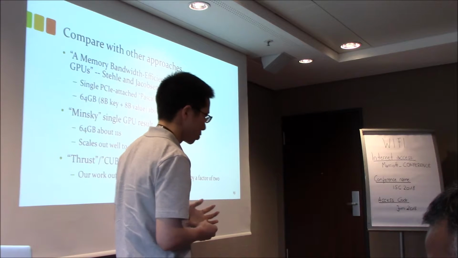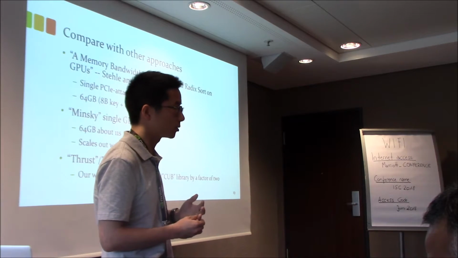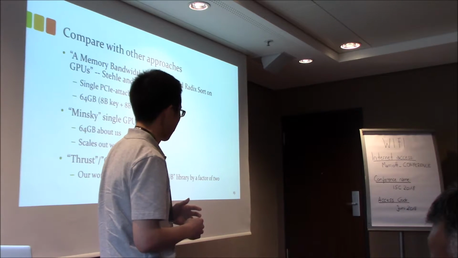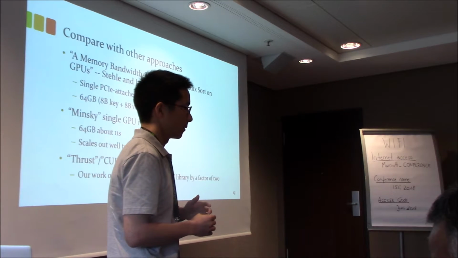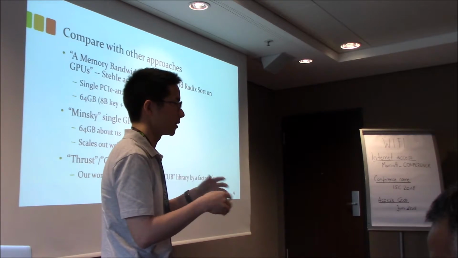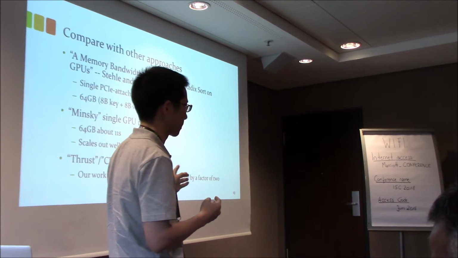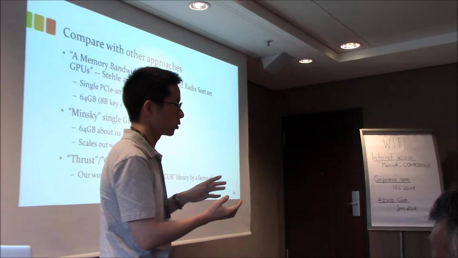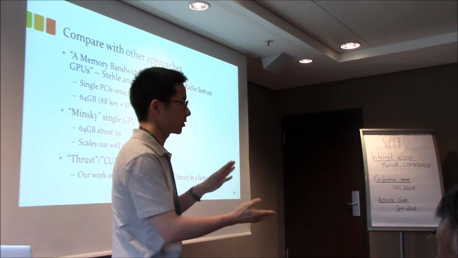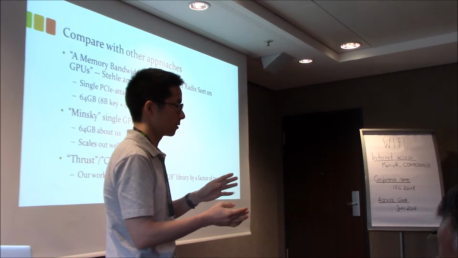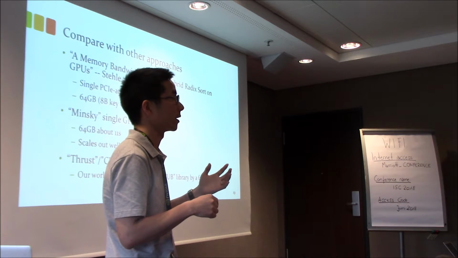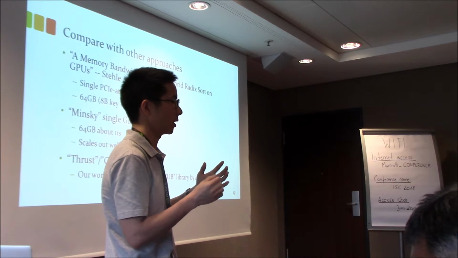We also compared with the CUDA implementation. I'd like to mention that it has a utilization fashion different from our data set. They require the input data to look like keys together and values together, like a structure of arrays.